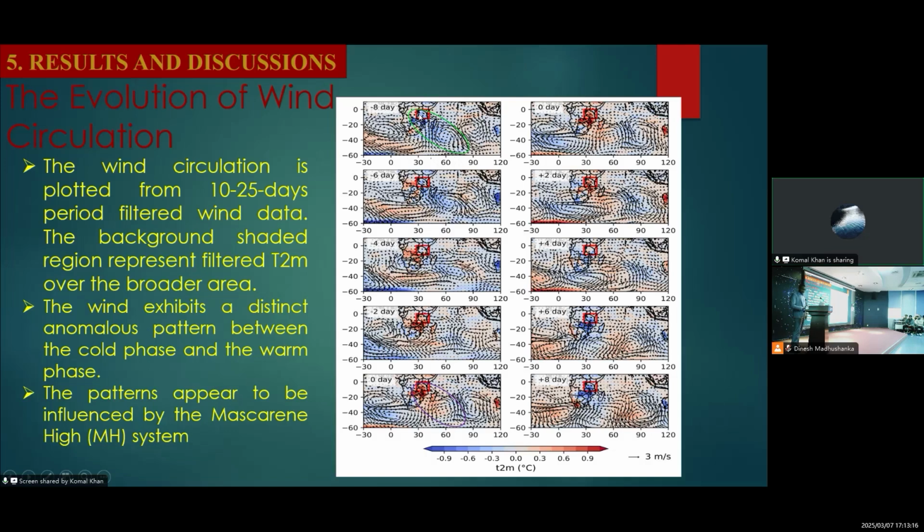During the warm phase, shown in red, it is not a cyclonic flow but an anticyclonic flow over the Mascarenes, and the influence extends to the study area, Tanzania. So we have seen that there is a link between the temperature variability over Tanzania and the wind patterns.